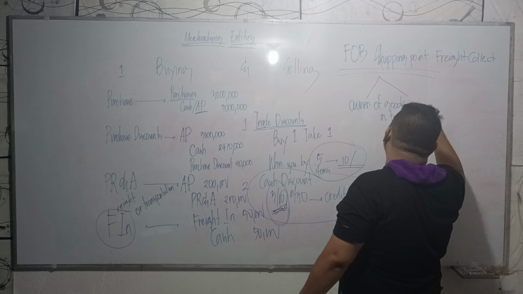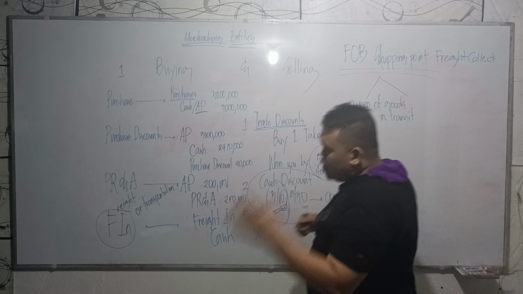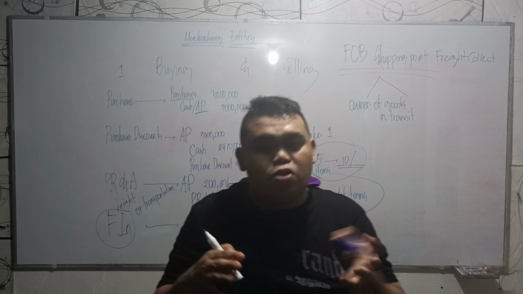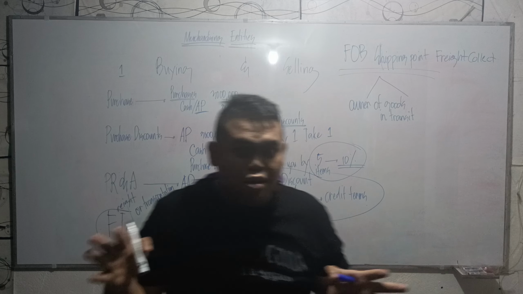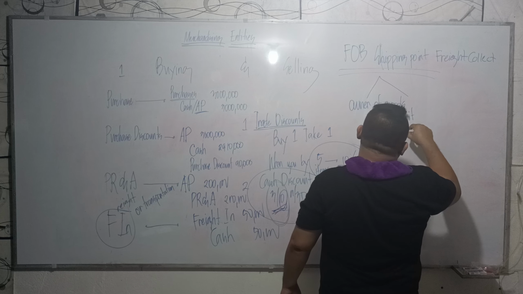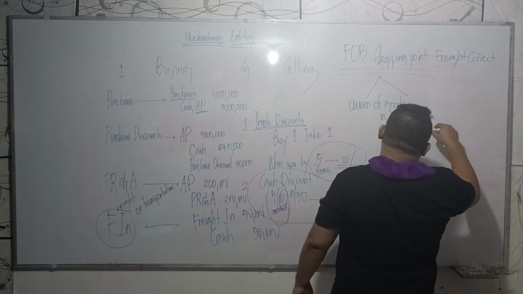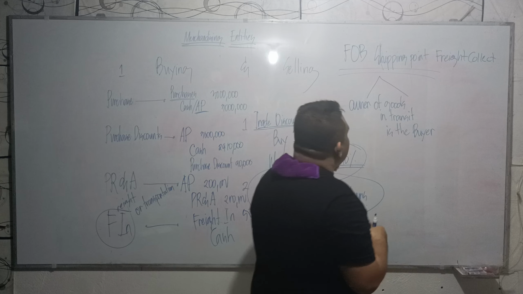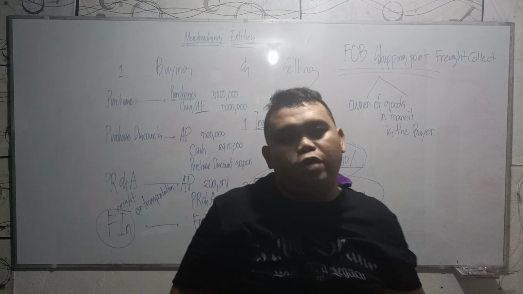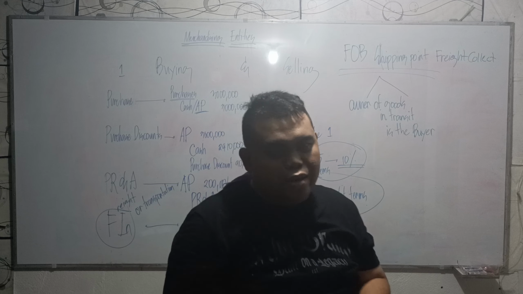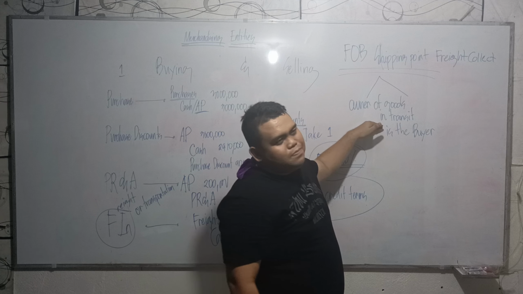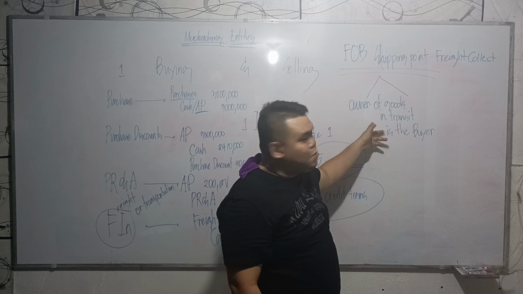In transit, that means it's not already in the premises of your supplier, but it did not yet arrive in your company's premises. Okay? The owner of the goods in transit is the buyer. So meaning if you see FOB shipping point as a credit term, that means the owner of the goods in transit is the buyer. This is the technical term. This is the understandable definition.